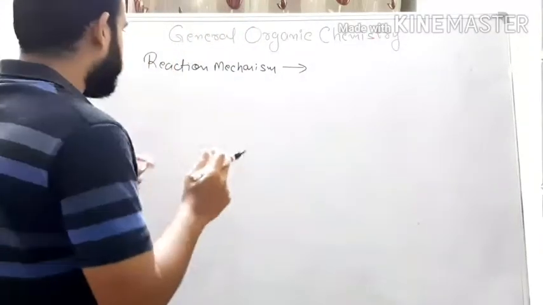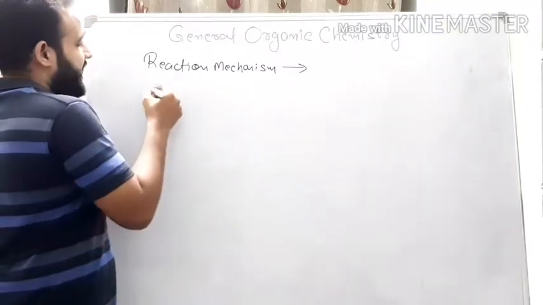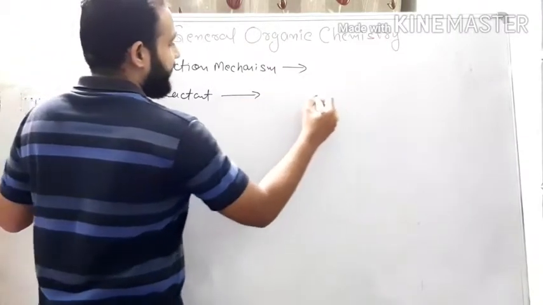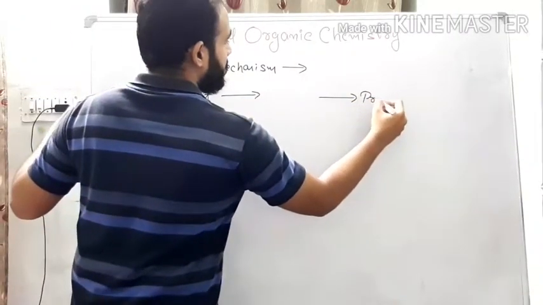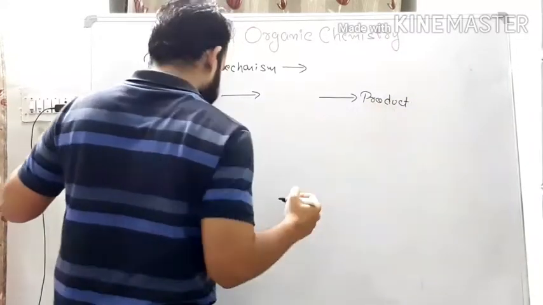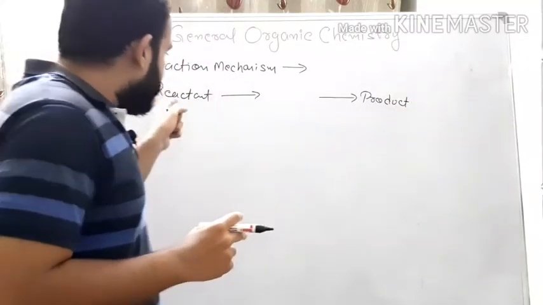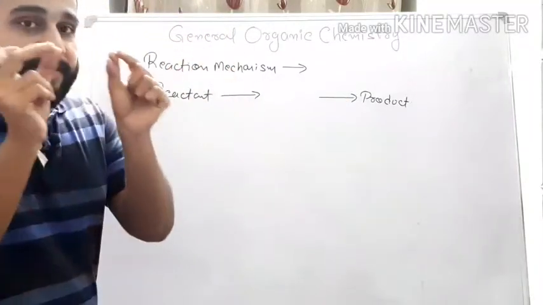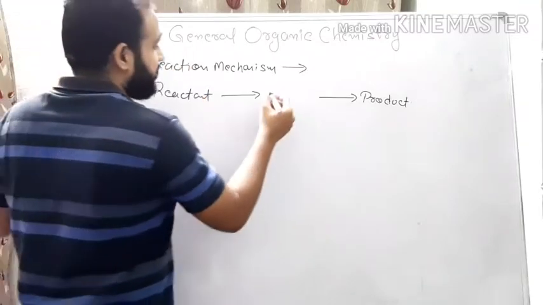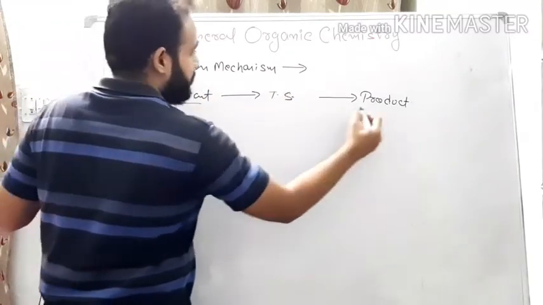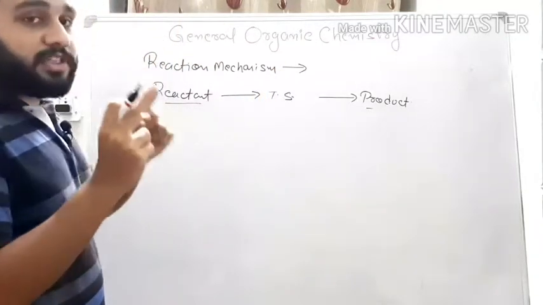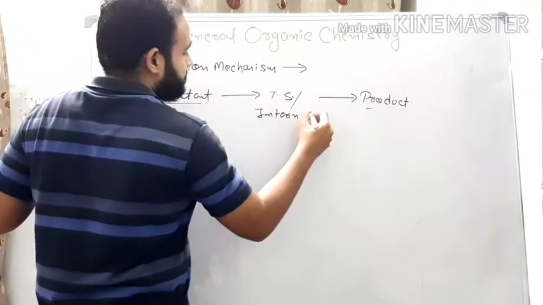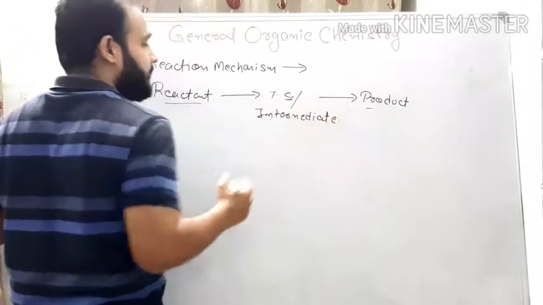So generally friends, you know that in a chemical reaction the reactant species convert into product, but the reactant cannot directly convert into product. They convert into product through an intermediate state or a transition state. So in between reactant and product there is a state which we call a transition state or an intermediate state, okay.